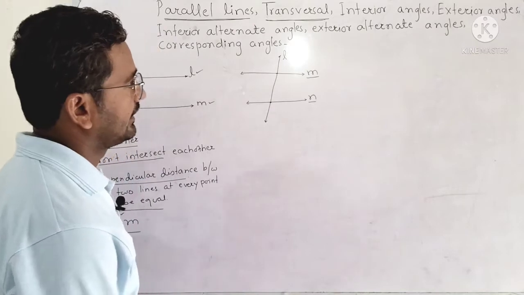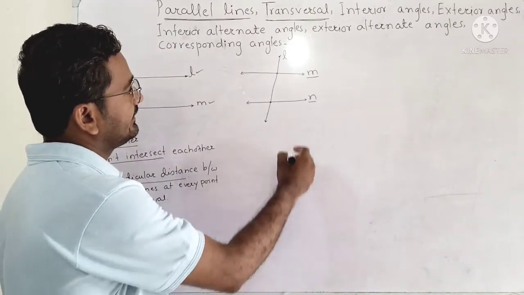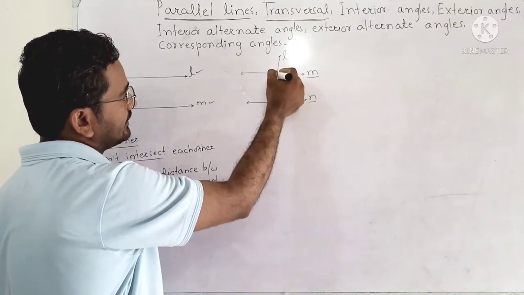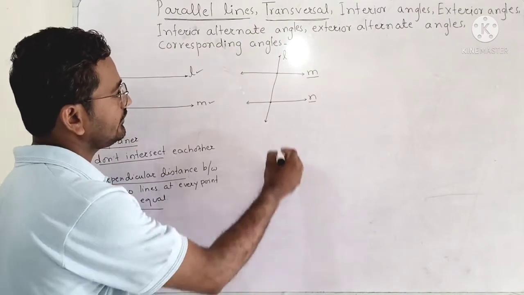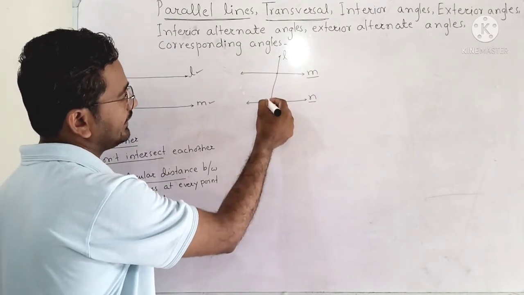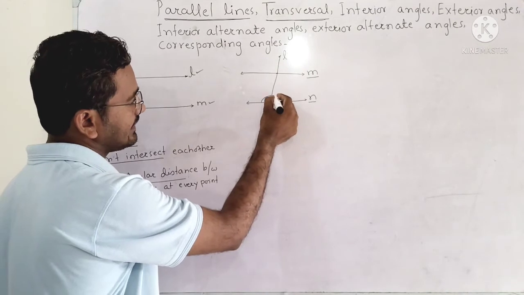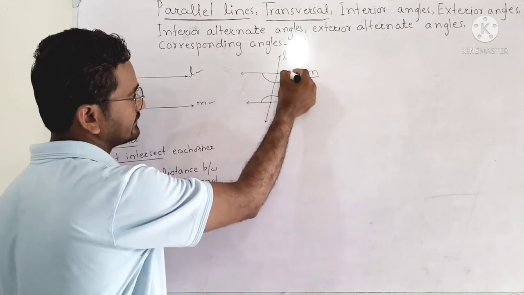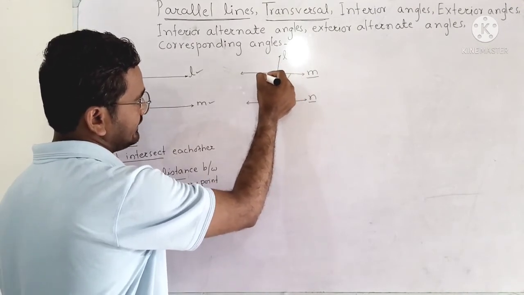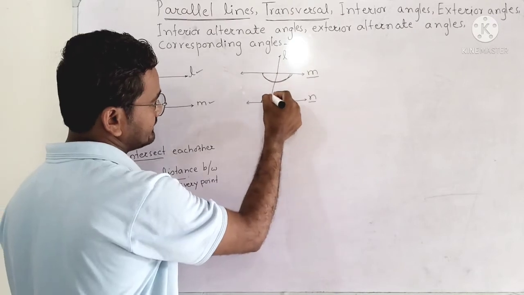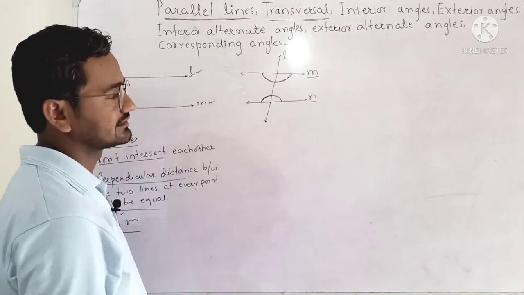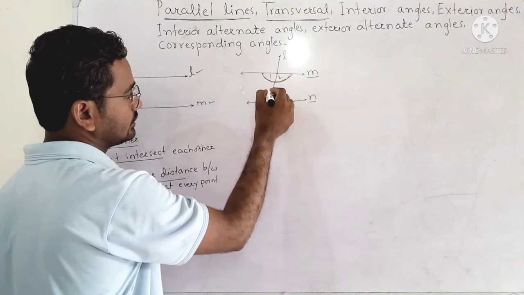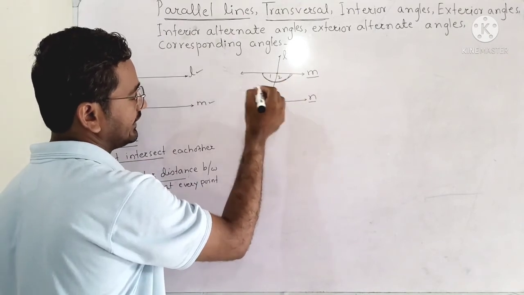Now come to interior angles. When a transversal intersects these two parallel lines, the angles which lie inside of these parallel lines are called interior angles: angle 1 and angle 2, angle 3 and angle 4.